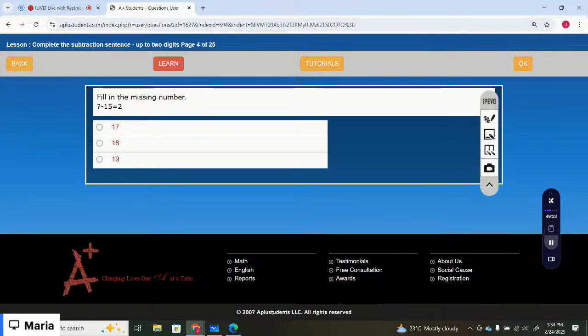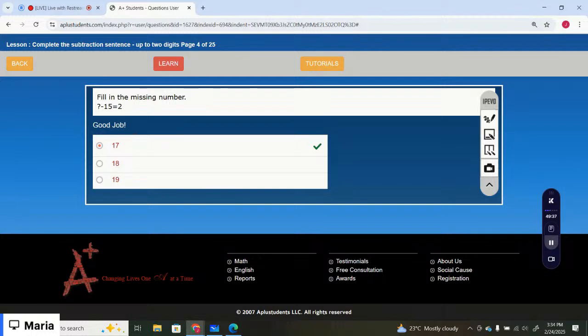Fill in the missing number. That is 17 take away 15, that equals 2. Option number 1 is the correct option.